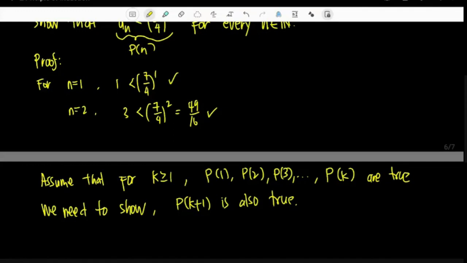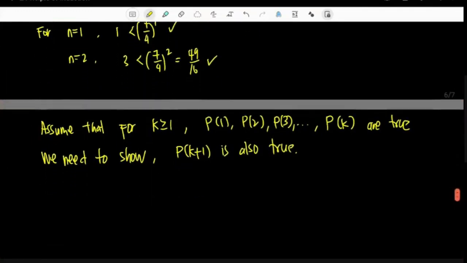All right. So this first assumption means that p of 1, we've already shown that 1 is less than 7 over 4 to the 1. That's true. Our second assumption, 2 is less than 7 over 4 squared.